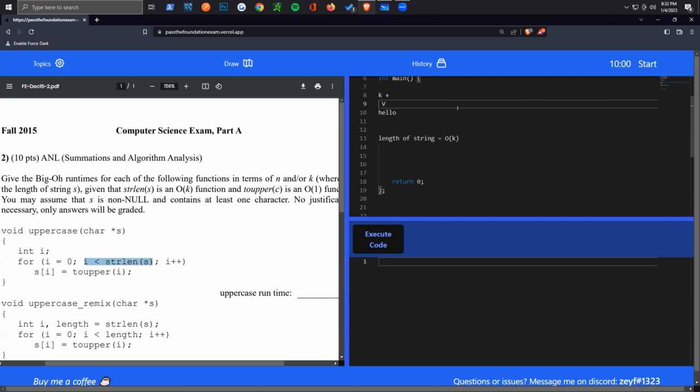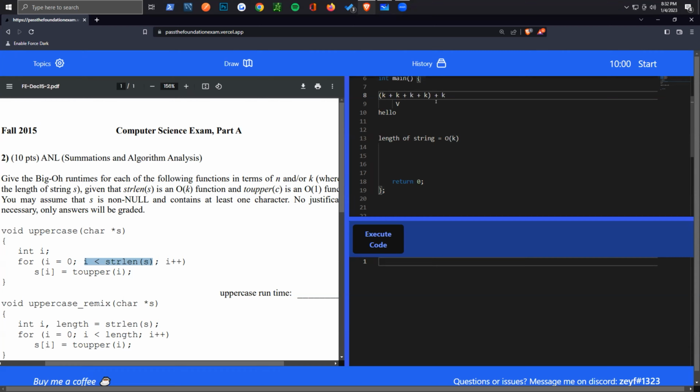Okay, let's check if this condition is true. Is index 1 less than the length of the string, by calling string length, not saving a variable, by calling string length every time. So that's going to give you another k, and so on. So we're going to actually have not 5 Ks, because you also have the case of the break case. So now right here, we're going to have a 6th one. But you can think of that kind of as extra. It's just always going to be there.